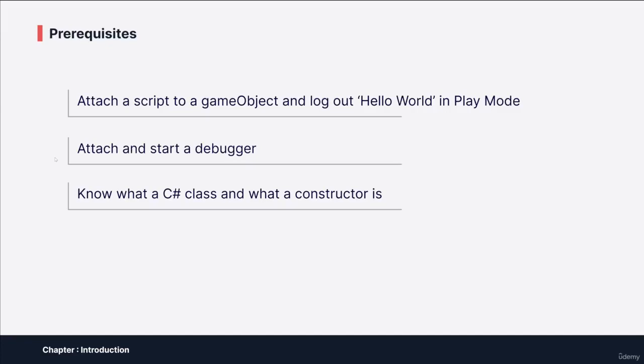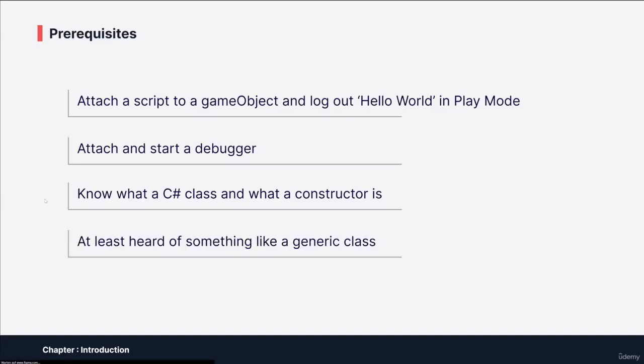That's all very basic, but you should at least know that there is something like a class, and a class has a constructor, and that this comes from something that is object-oriented programming. Yeah, and you at least heard of the concept, and you know that when you're writing C# code, then when you create a new class, you know what you're actually creating there, and that this is not just gibberish that doesn't have any meaning to you.